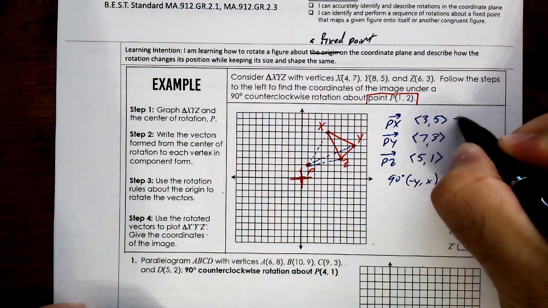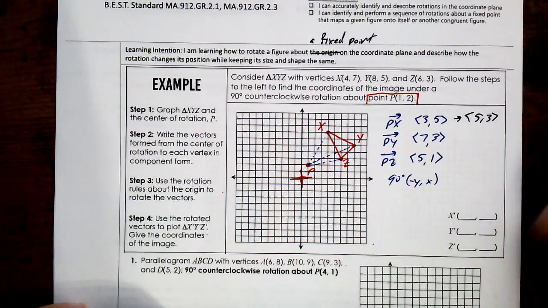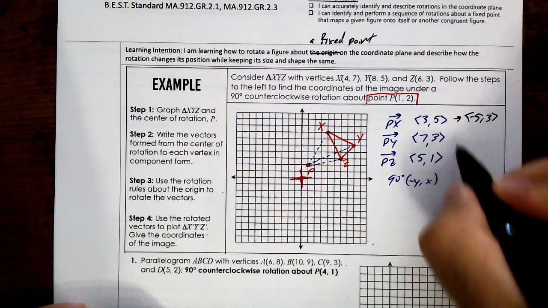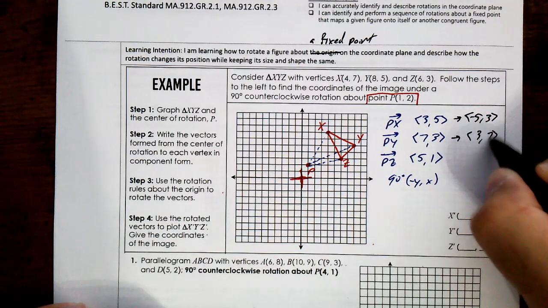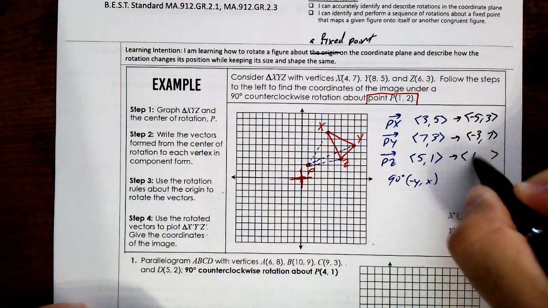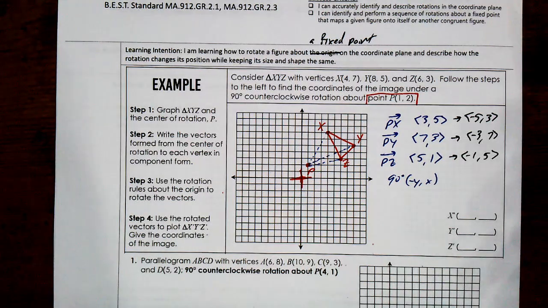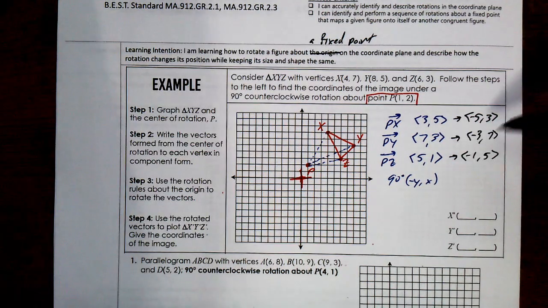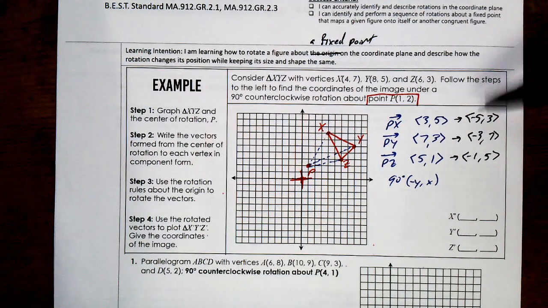We are going to flip the vector, so 5, 3, make the first one negative. Flip the vector, make the first one negative. Flip the vector, make the first one negative. This is what we are now going to use to plot our image, the X prime, Y prime, Z prime.